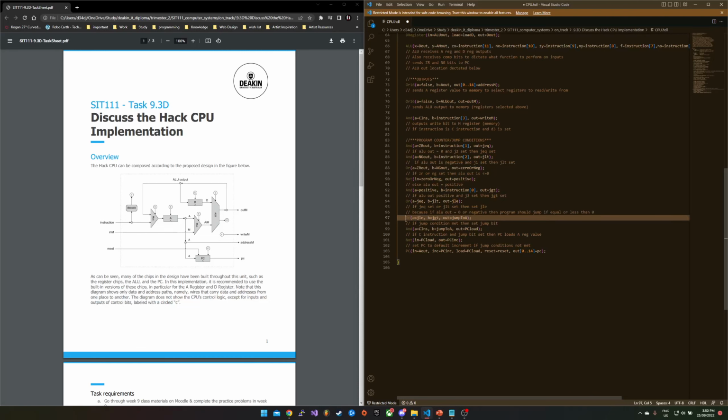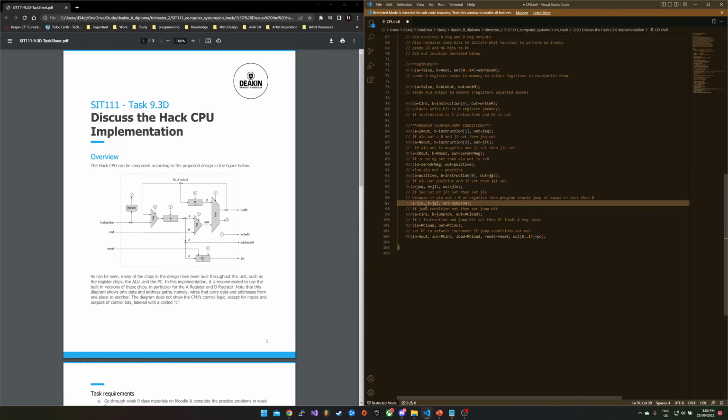That sets us up for this OR gate here, which is checking if we're jumping due to the result being less than or equal to 0, or if we're jumping due to the result of the ALU being greater than 0 and that being selected in the instruction. Then we set this jump to A variable to 1.